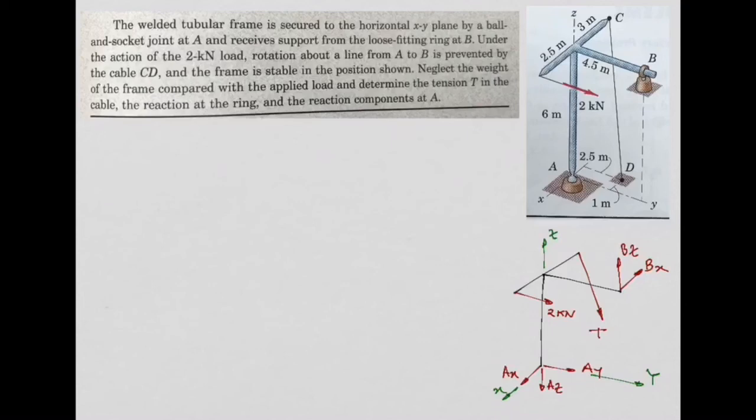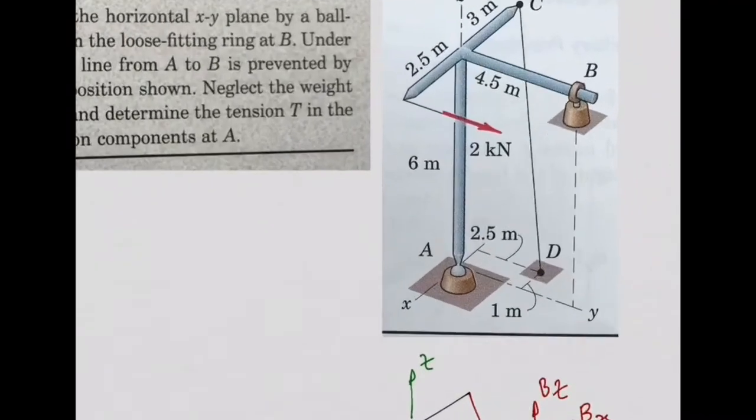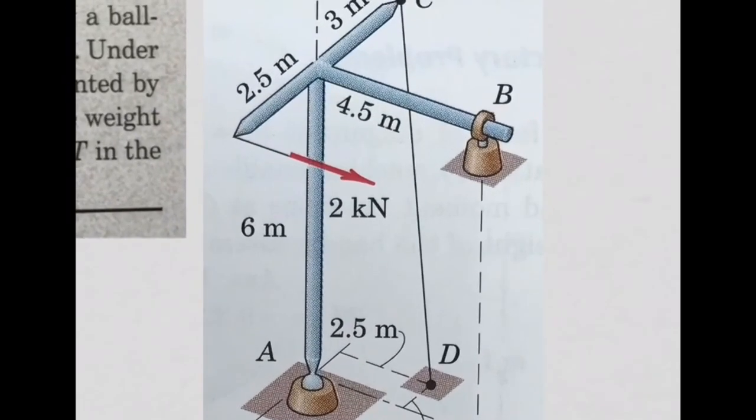Yeah, I understand your question. What you are saying is that if I try to rotate, it depends on the width of the support. If you have a support B as wide as this one, that rotation might be constrained. But this ring, that's why it's called a ring, has a very tiny width, so it can rotate about that point.